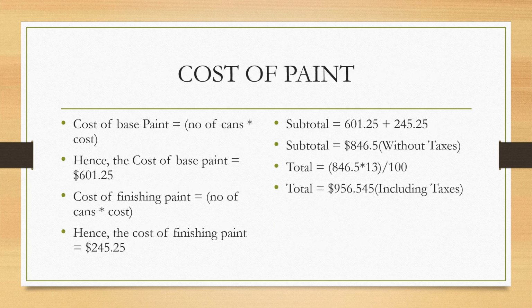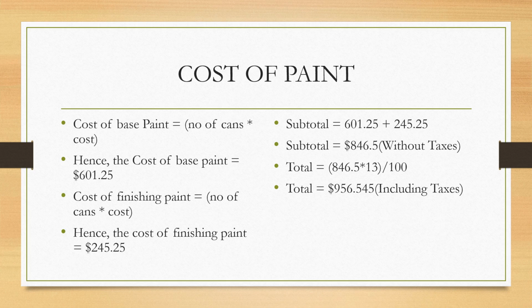The cost of paint comes from the number of cans times the cost per can. For example, we had 13 cans of base paint. So 13 cans times the cost will be $601.25. And the cost of finishing paint will be 4.5 cans times the cost, which is $245.25.